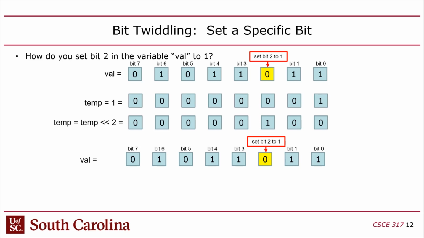So for 1 bit, I start out with a temporary value that I set to 1, and it puts 1 bit on the right-hand side. That's because I want to manipulate 1 bit. If I wanted to manipulate more than 1 bit, I would not just put a 1 there. I would put like 3 ones, for instance, if I wanted to manipulate 3 bits. But the idea is that I'm putting a 1 in here because this is my tool.